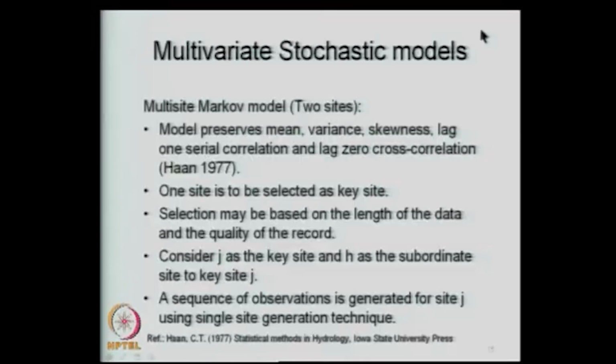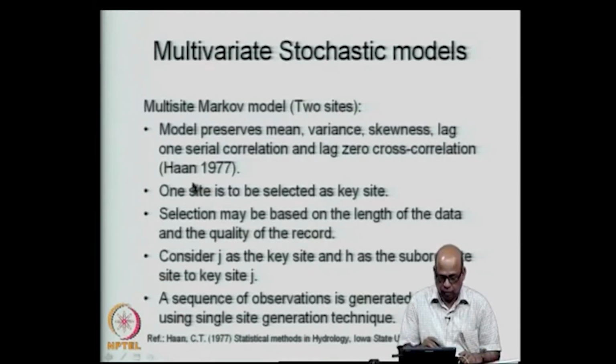When you have data on 2 sites, we will choose one of the sites to be a key site. Now, this procedure is explained in Haan, I am using the same procedure. We will choose one of the sites as the key site. Remember, you want data generation on both the sites, and one of the sites has longer data and maybe the quality of the data is also better.